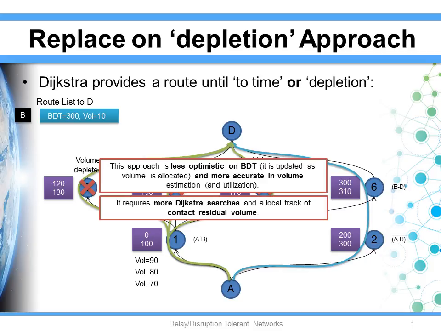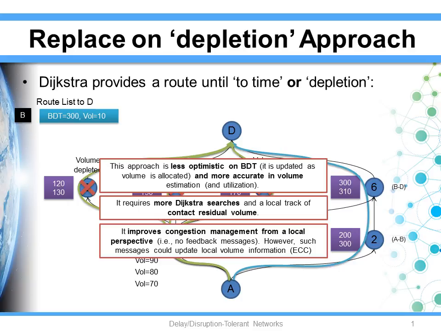The problem is, obviously, we will be using more Dijkstra searches, and we will also need to keep local track of each contact's residual volume, which is not a big deal in a data structure. However, the good thing about using more Dijkstra searches is that we use them only when forwarding requires it. So if we had no data to node B, for example, we wouldn't be triggering these subsequent Dijkstra searches. It will improve congestion management from a local perspective.